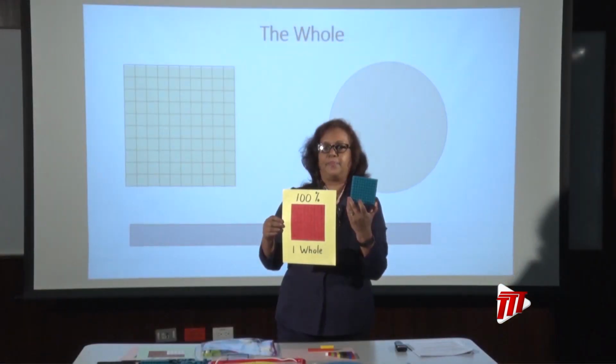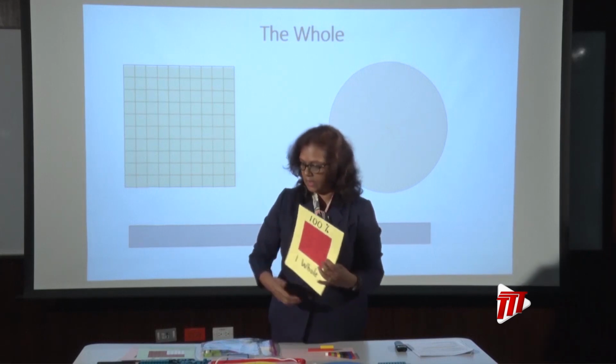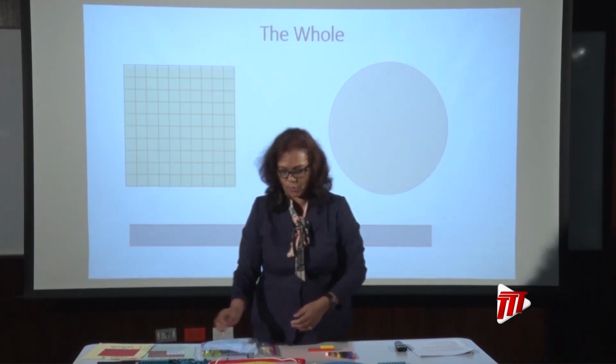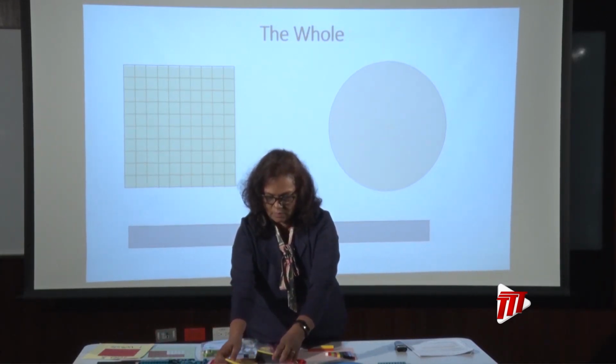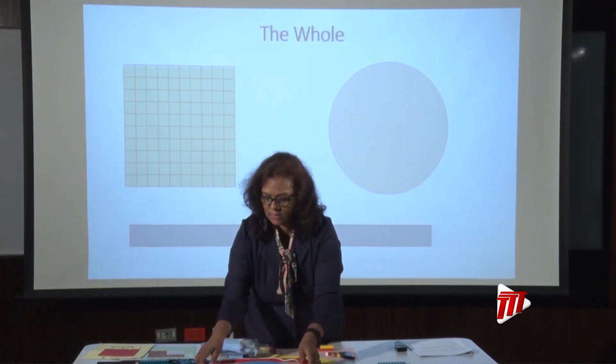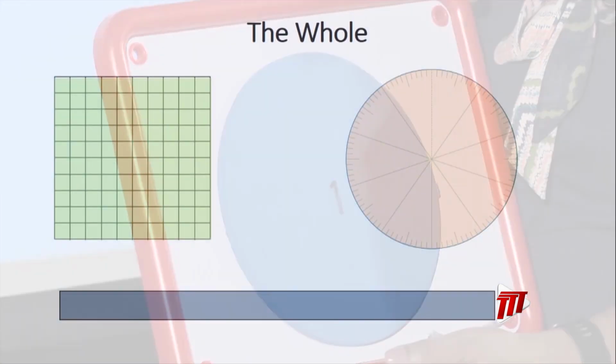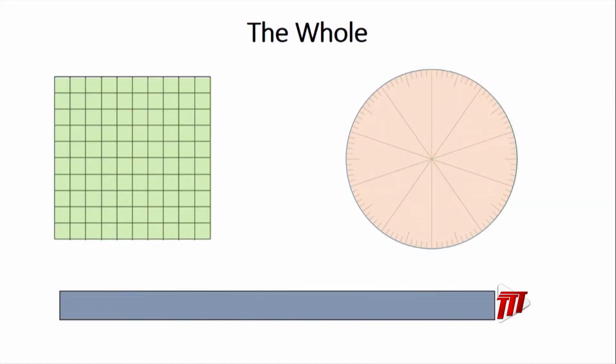So the flat can represent one whole. And of course, we can represent the whole as a circle. So this is one whole. What percent is one whole? 100%. So the whole is always 100%.